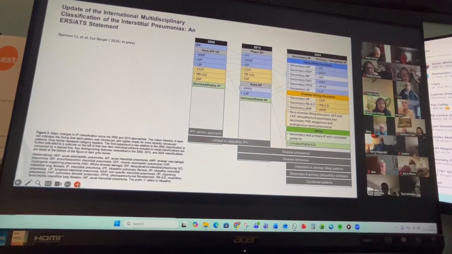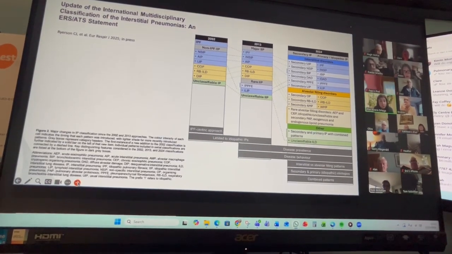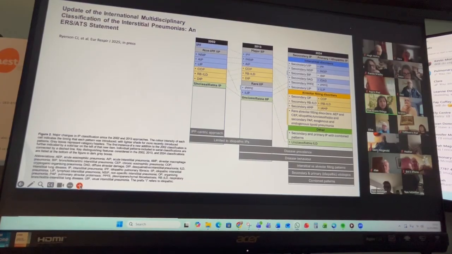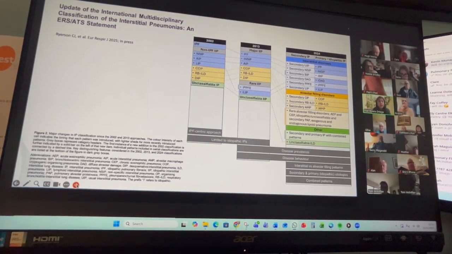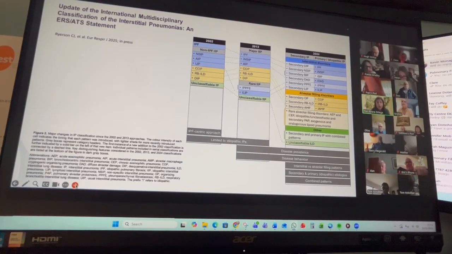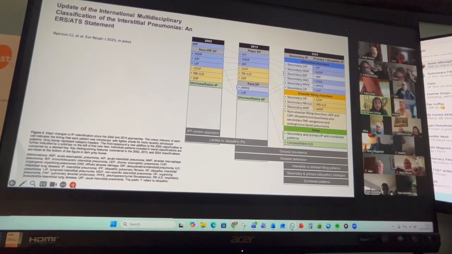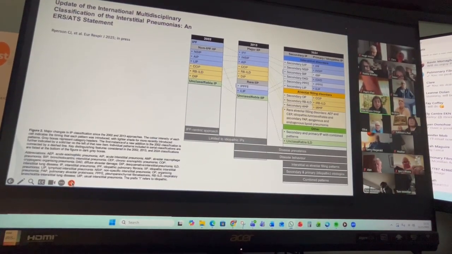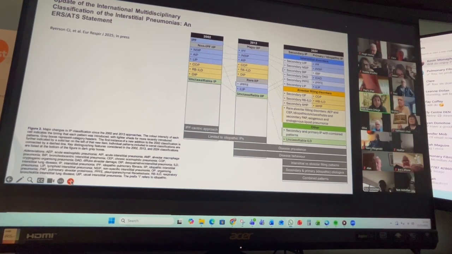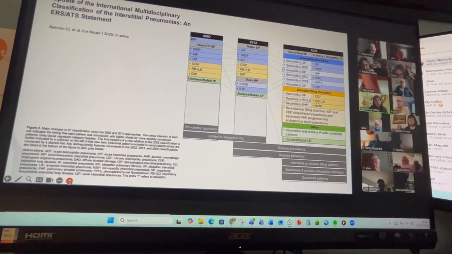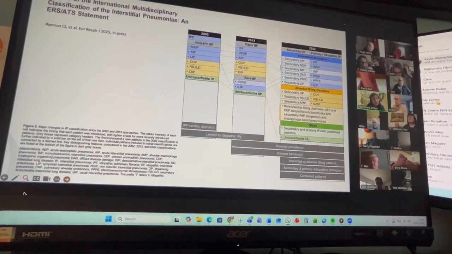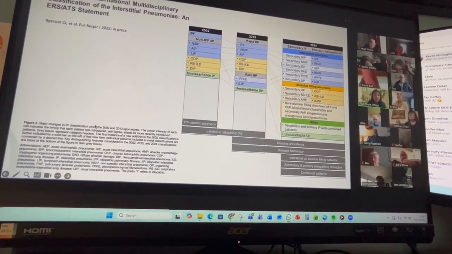So if suddenly you see new terminology about how we describe your CT scans, or your lung biopsies, or how we document the consensus of the multidisciplinary team, don't worry, that is just because we need to be aligned with what is now published globally on that.